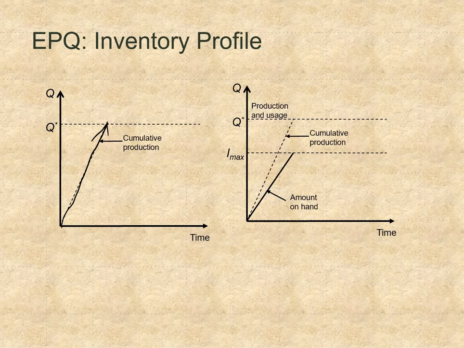Now, because we also have this certain amount of products being used or being sold or being consumed, even though the cumulative production rate is like this, the real amount on our hand is this solid black line here. There is always some products that we produced being consumed, being sold, so it is a little bit less.